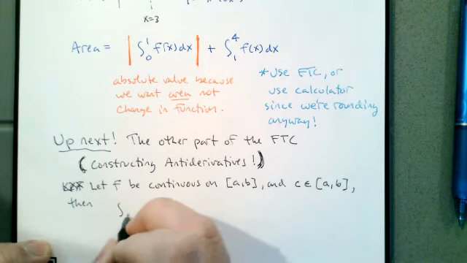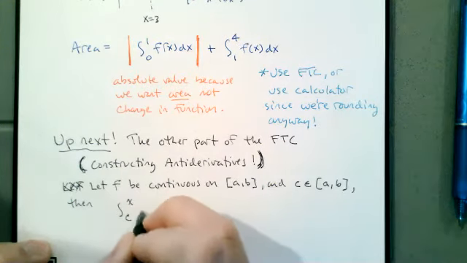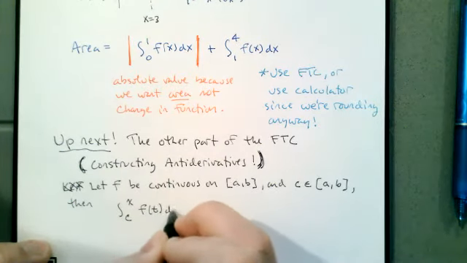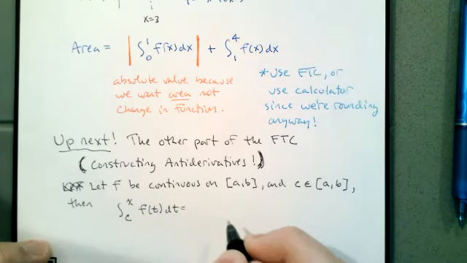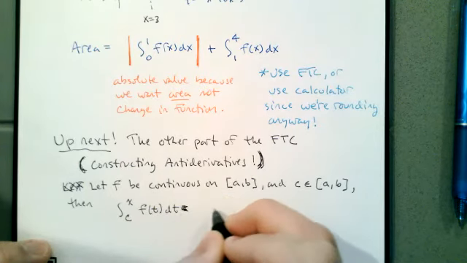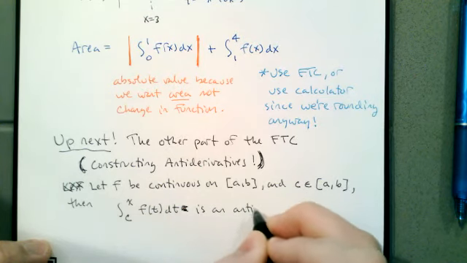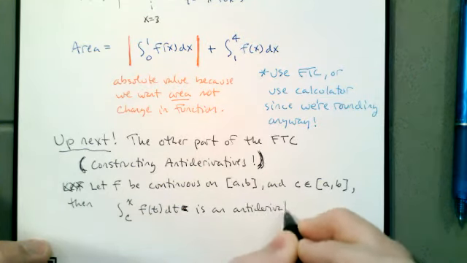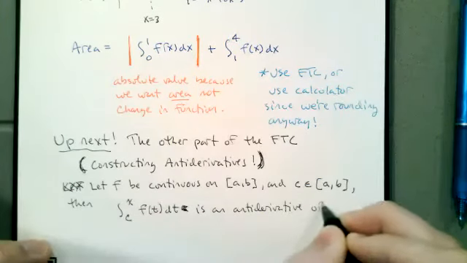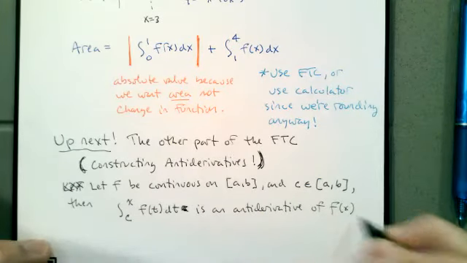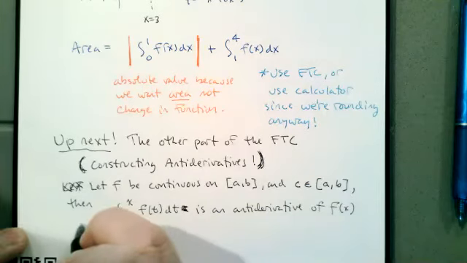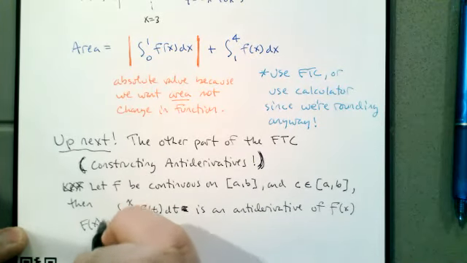The integral from c to x of f of t dt is an antiderivative of little f of x. It's usually called capital F of x.